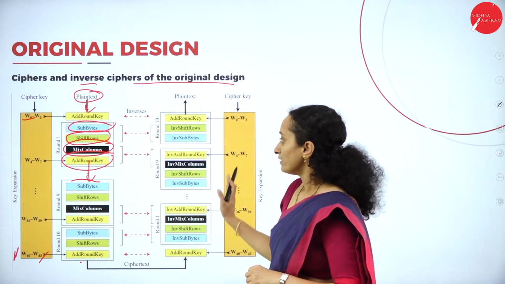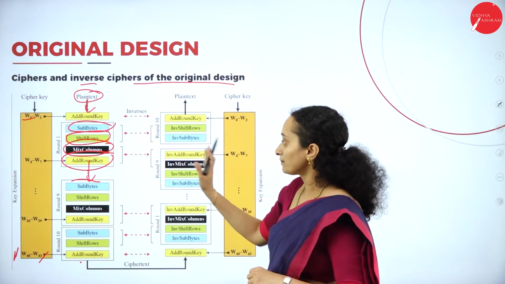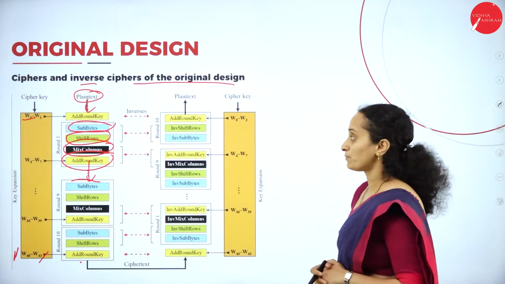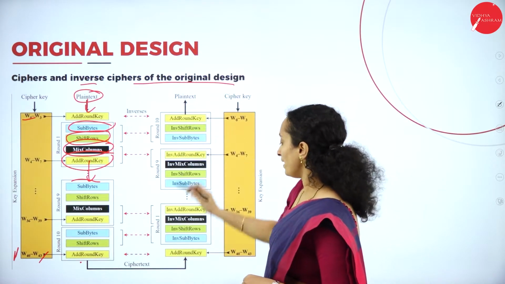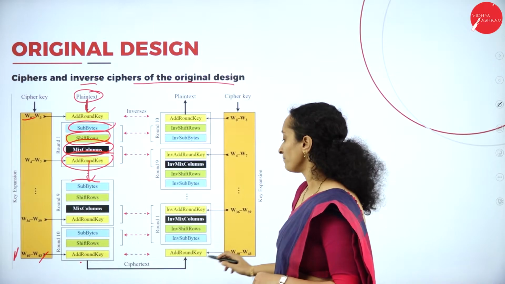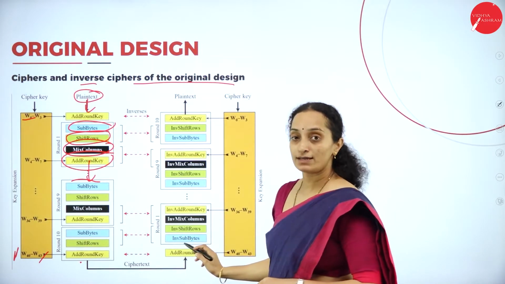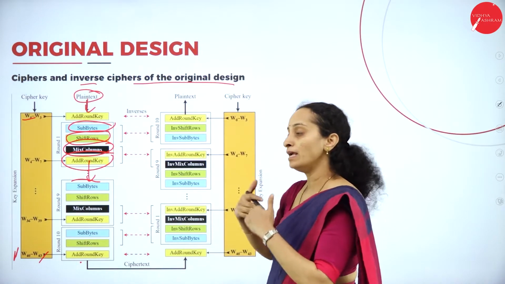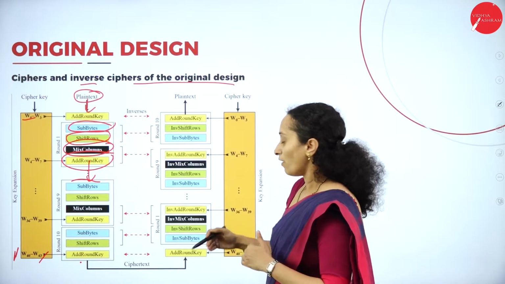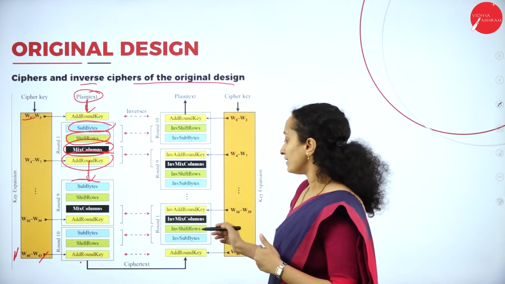Okay. When it comes to the decryption process, we get the plain text. Ciphertext is added, add round key, invert subbytes. Now the order will be reversed. Order will be changed in this. Okay.